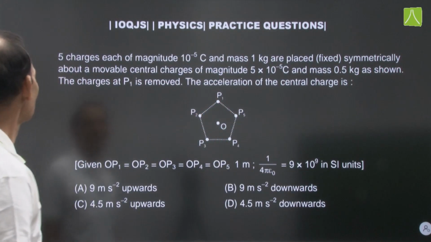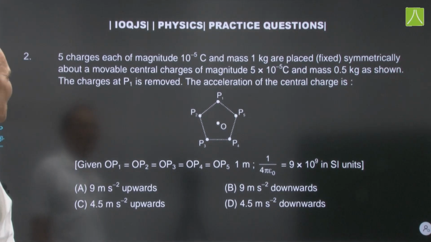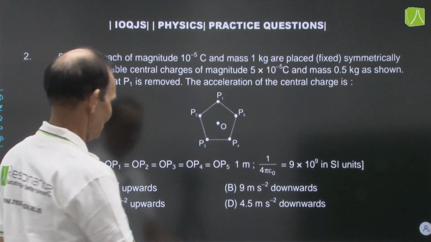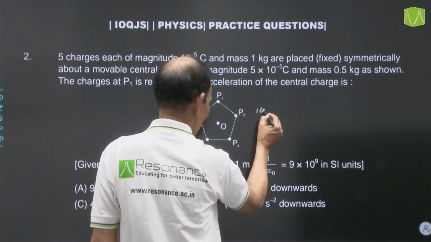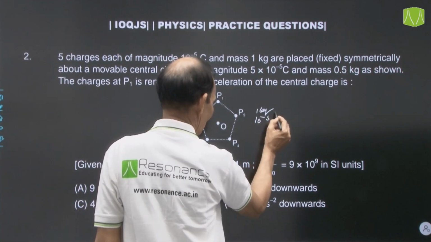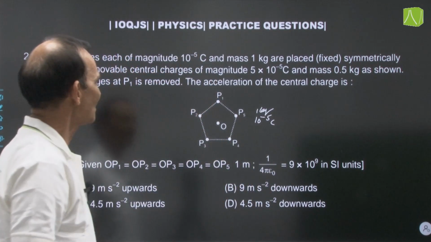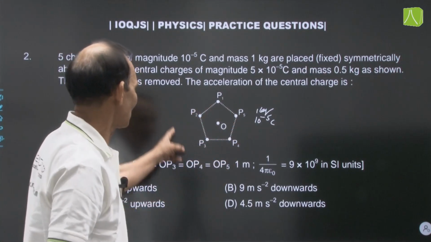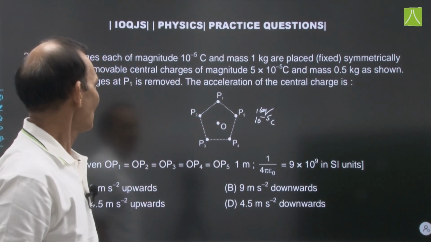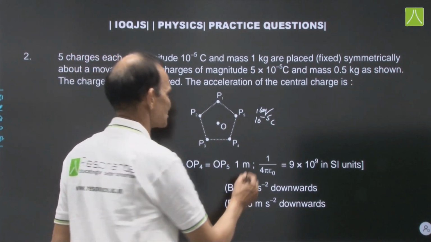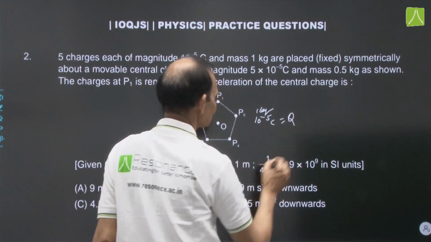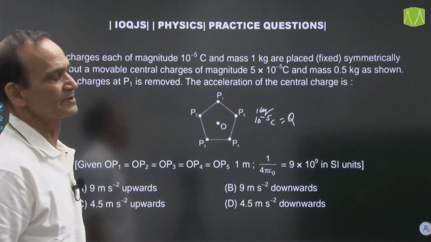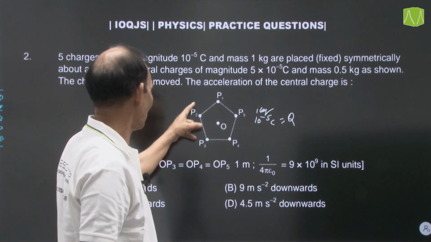This is the second question. 5 charges, each of magnitude 10 raised to minus 5 coulomb and mass 1 kilogram, are placed fixed symmetrically at P1, P2, P3, P4, P5.